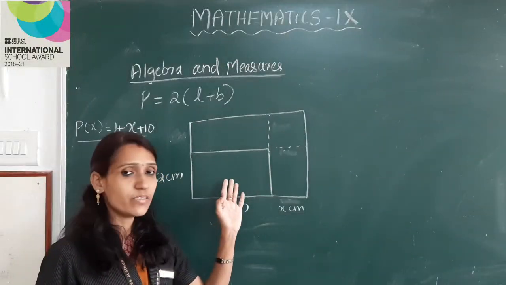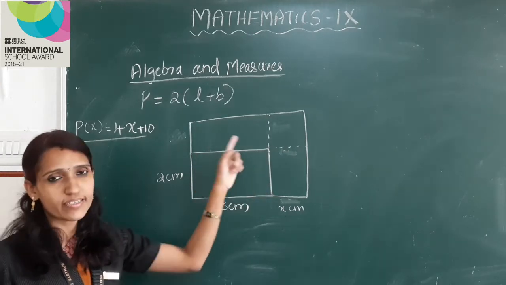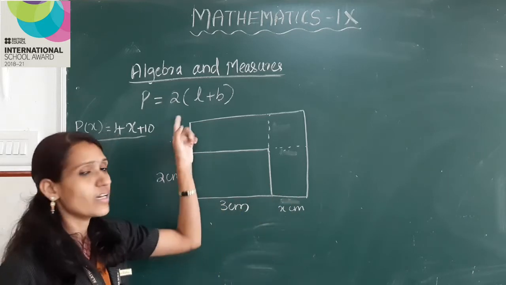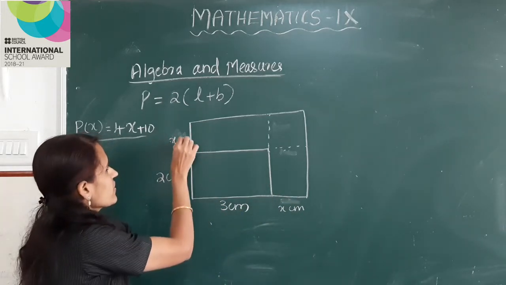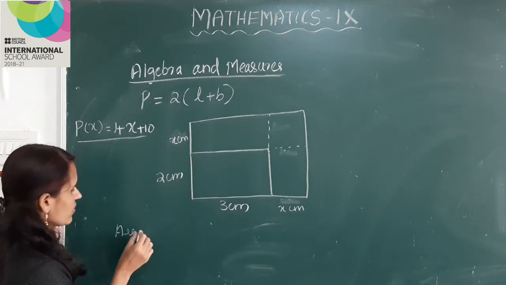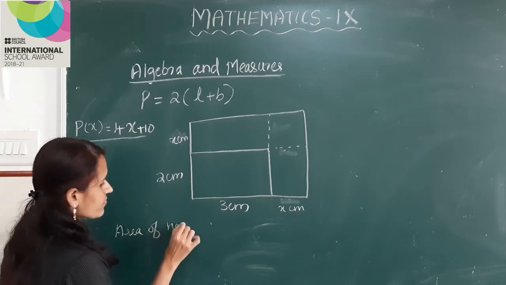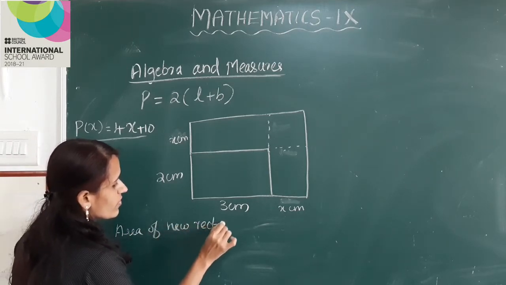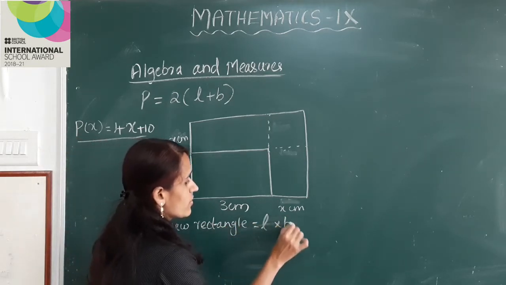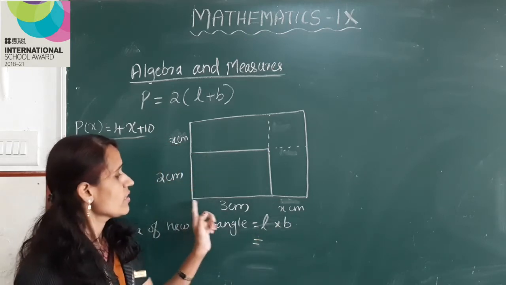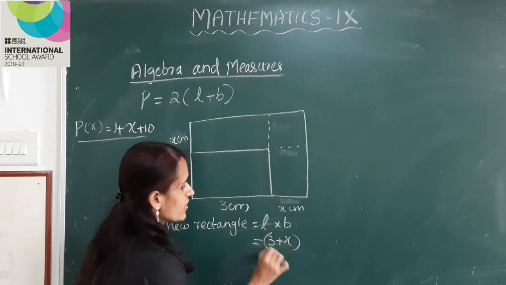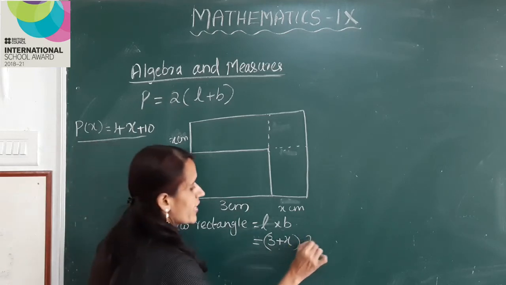Now, let us see change in area of a rectangle. Here, the length and breadth are extended by x centimeter. Area of a new rectangle is equal to length into breadth. Here length is 3 plus x centimeter. 3 plus x into, here breadth is 2 plus x.